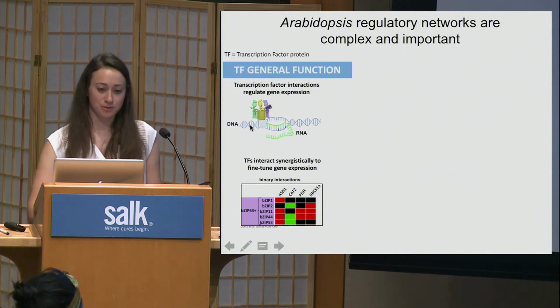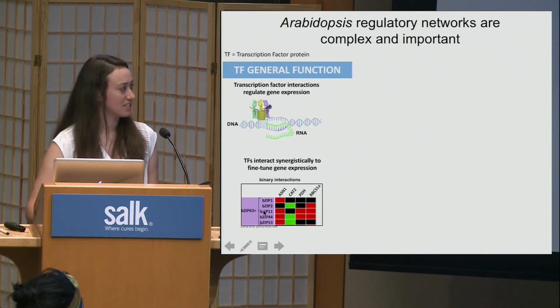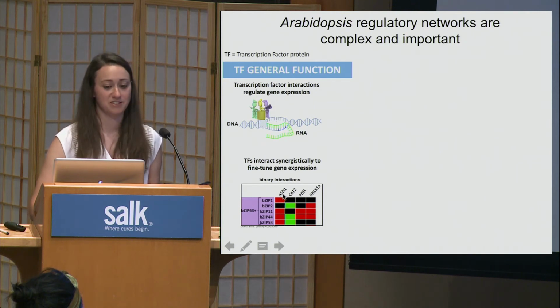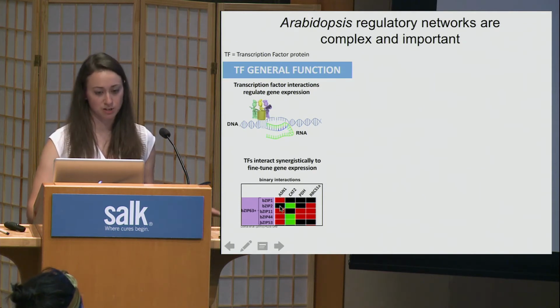And transcription factors interact, just like our sous chefs do, in different combinations that lead to different expression patterns. So here you can see different combinations of proteins give either decreased levels of gene expression or increased levels of gene expression, depending on which proteins interact.